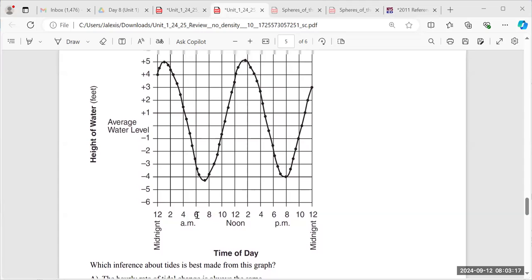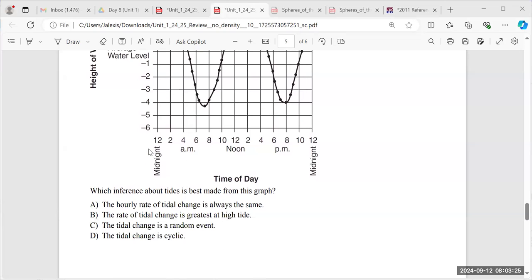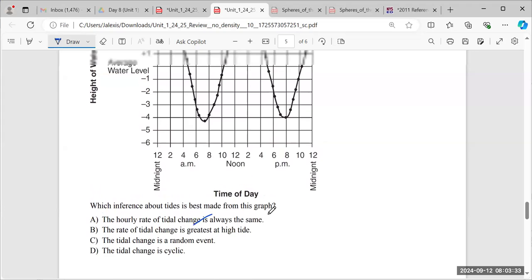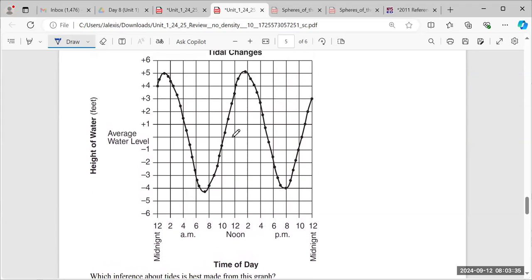So they're saying that the tide changes the same every hour. That is not completely true, so I'm going to remove that. It says the rate of tidal change is greatest at high tide. The rate, seeing how fast it is. Not necessarily. We can't really pull that information off.